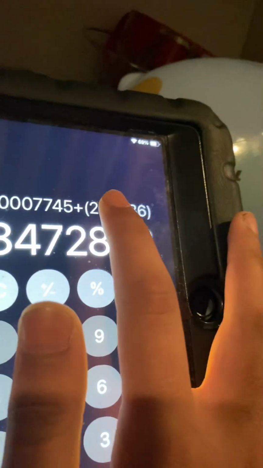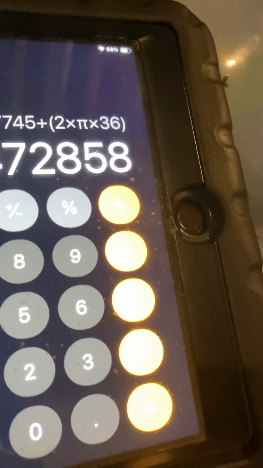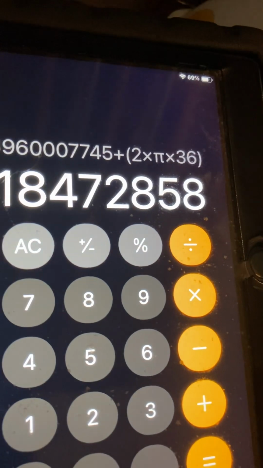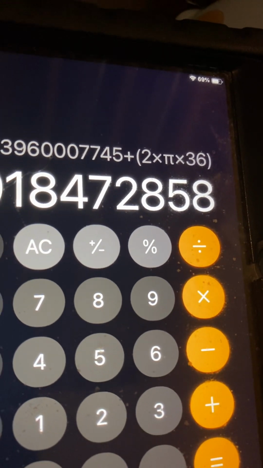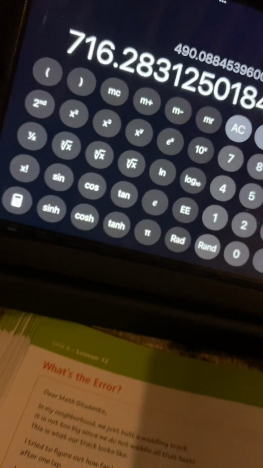Because if you don't put in parentheses, then the calculator will think that it will have to multiply these numbers in different orders instead of the same orders. So you have to put in parentheses for the calculator to know, hey, I should multiply these numbers first before these ones, so that it doesn't get confused and multiply the second numbers first before the first numbers last.